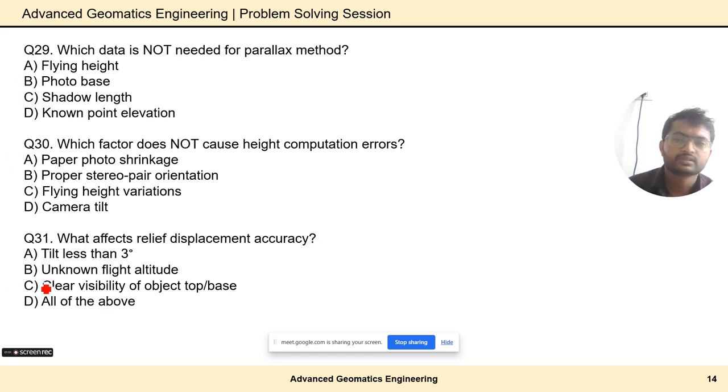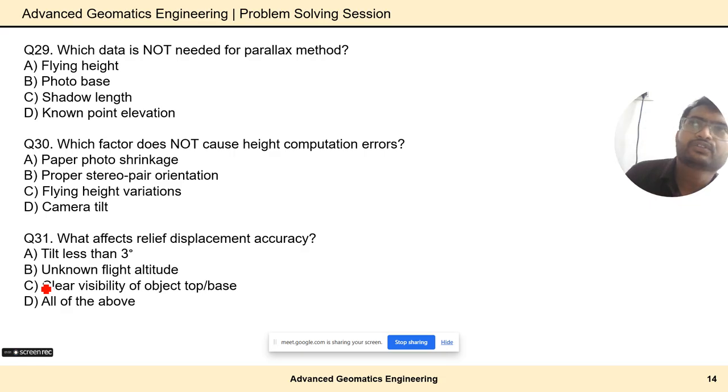Now the next question is: which data is not needed for the parallax method? One of the options looks a bit odd when we are talking about the parallax method. Do you need shadow in the parallax method?